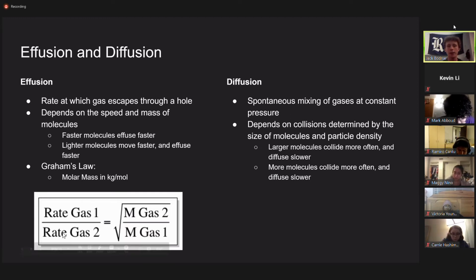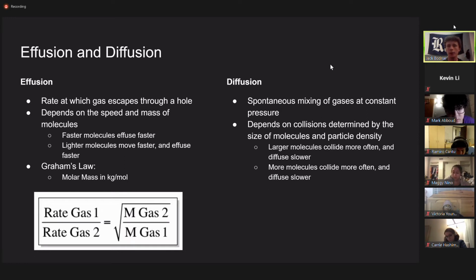And we can write this mathematically as what's called Graham's law, where we're comparing the rates of effusion for two gases, and it's just the square root of the ratio of their molar masses. Again, notice here that molar mass is in kilograms per mole, not grams per mole. Something to look out for if you are ever asked to calculate a rate of effusion on the exam.